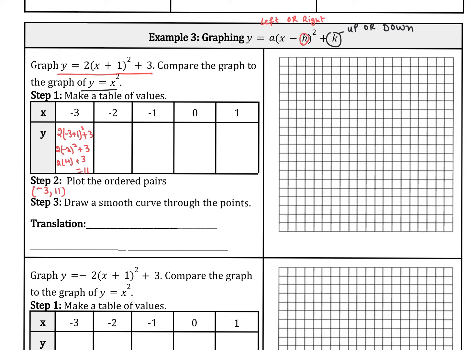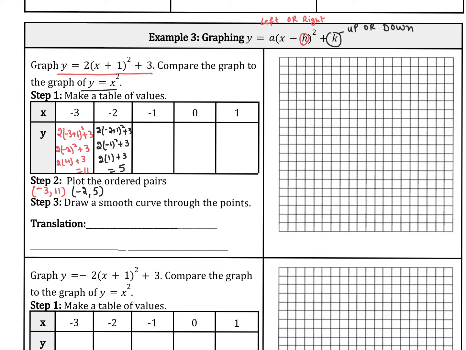When I'm going to use x equals -2, I'm going to put that into my given function. 2 times (-1) squared plus 3, and that is 2 times 1 plus 3, which is 5. -2 comma 5 is my next point.